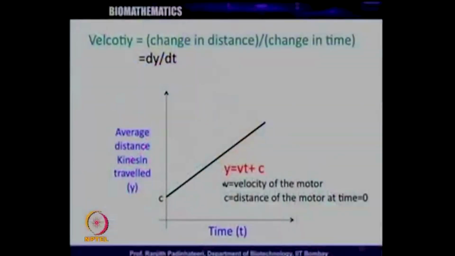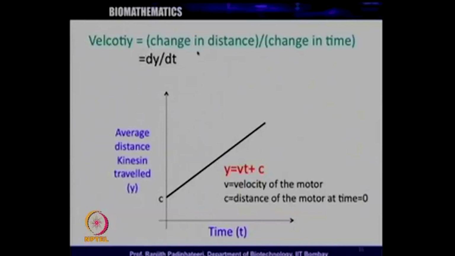Let us look at this slide, where the simple equation for velocity is change in distance by change in time. How much distance you moved when the time changed by a certain amount. If the distance you moved is dy in a time dt, the velocity or speed is nothing but dy by dt.